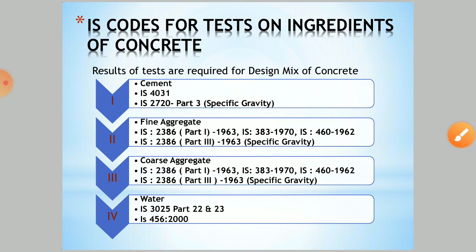So first you have to test the quality of ingredients, cement, sand, aggregate, water, and also you have to calculate their specific gravity. For standards you have to do tests, and also for mix proportion, particularly for design mix, we require specific gravity.